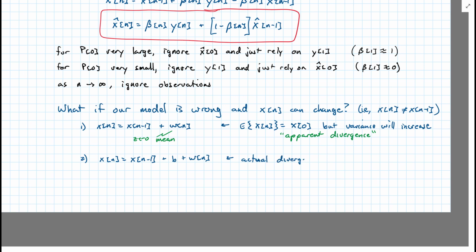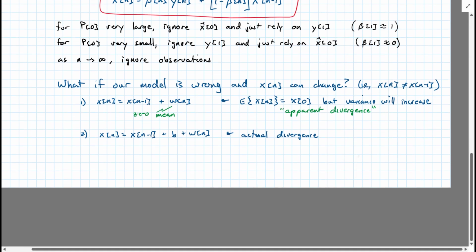We will get more and more confident about how things are looking, and our p will go to 0, but we will be in another part of the universe from where we actually should be.